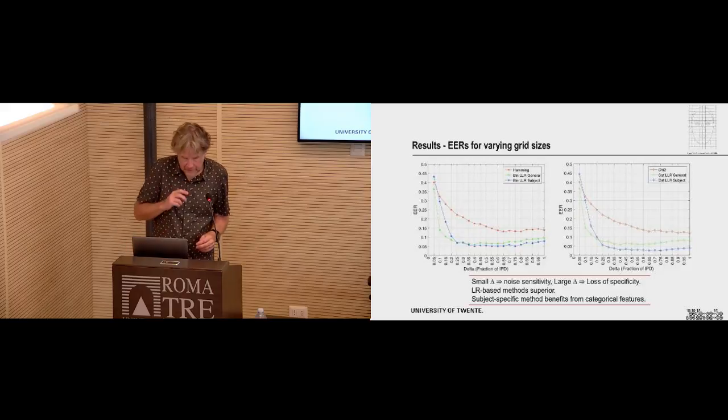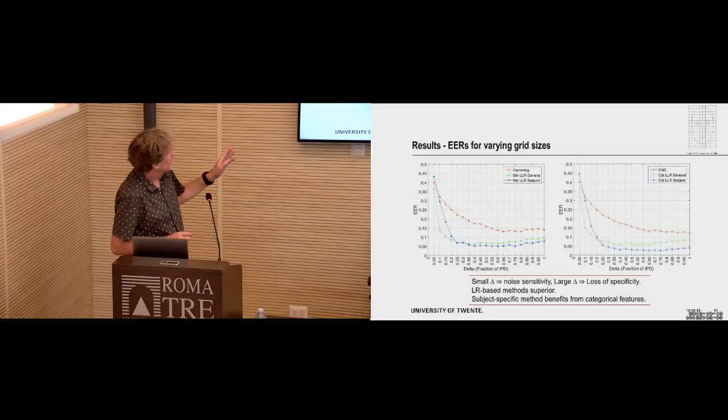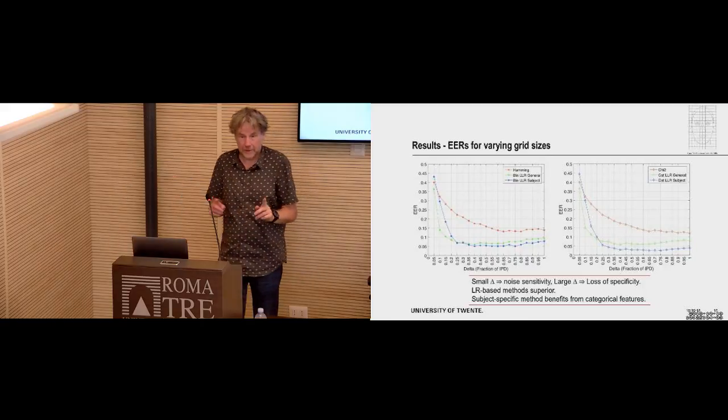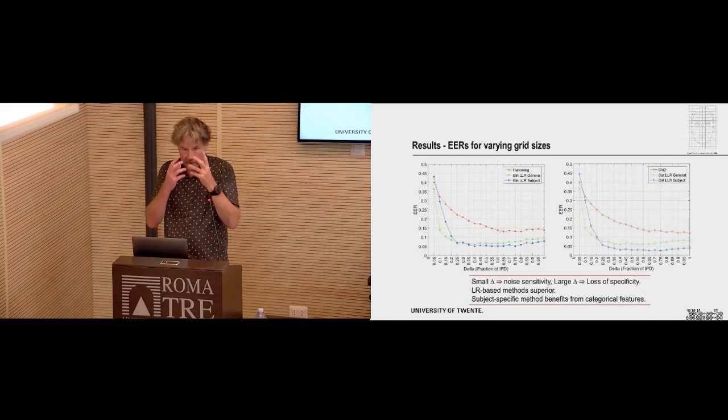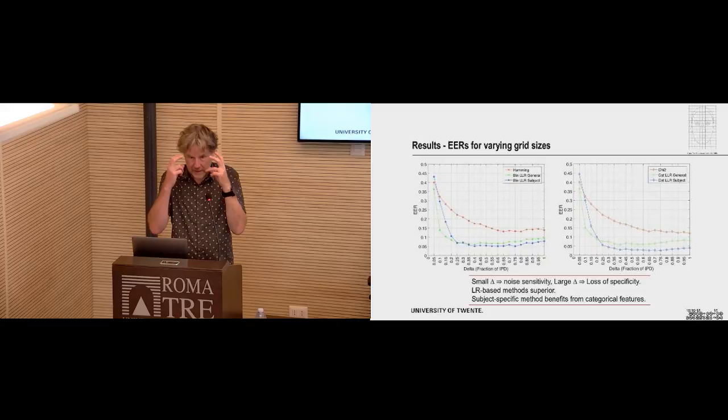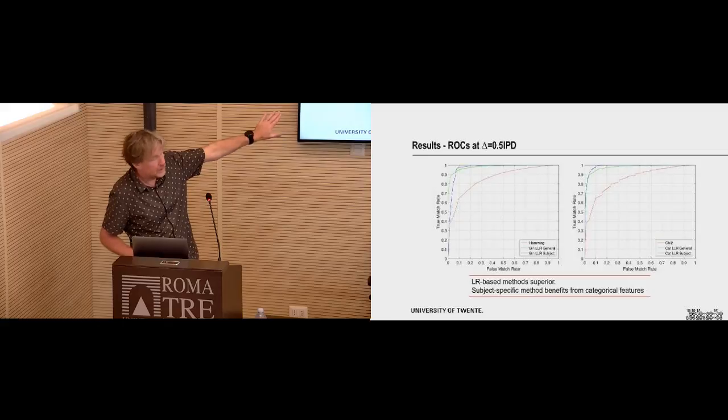If you would be interested in ROCs, then I've plotted those over here, and we did those for more or less the optimum cell size, which was somewhere in the middle, so 0.5 interpupillar distance. It actually means that we don't have too many cells in the face. And here we see the ROCs, the binary case on the left-hand side.